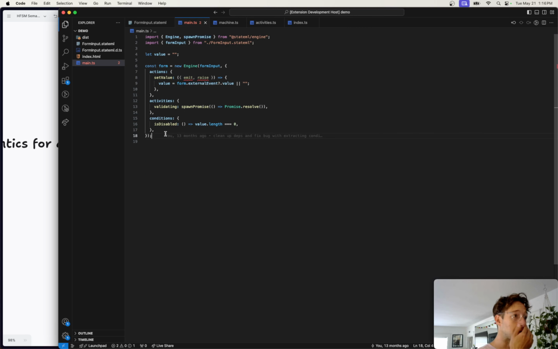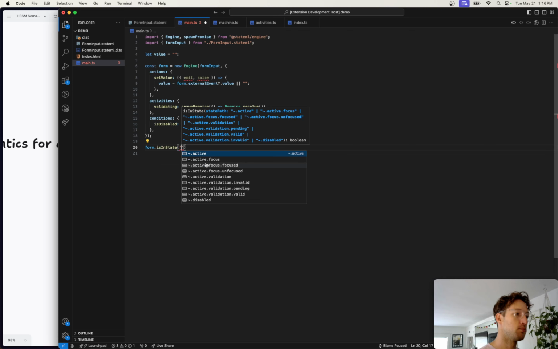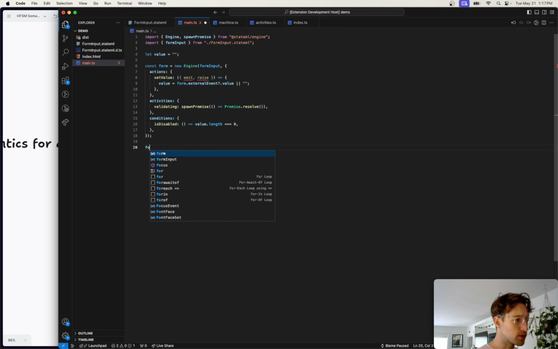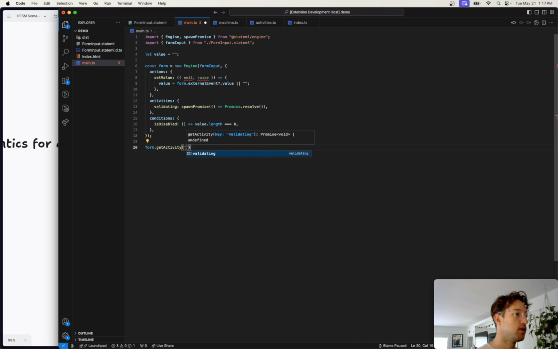Now here's what's interesting. If you take the state chart, we can check what states it's in, and we can easily derive all the possible states that you can be in via this helper. We can also infer the activities that we might have instantiated. So we could do form.getActivity. This is auto-completed because the only activity that we've defined is called validating.